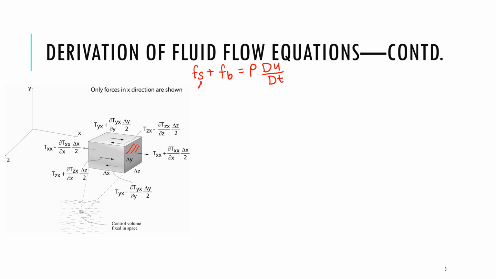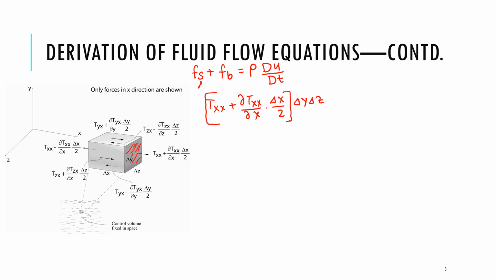So the net force in the x direction is Txx plus ∂Txx/∂x times Δx over 2. This is the surface stress, so this has to be multiplied by the area ΔyΔz, which is the area of this face.